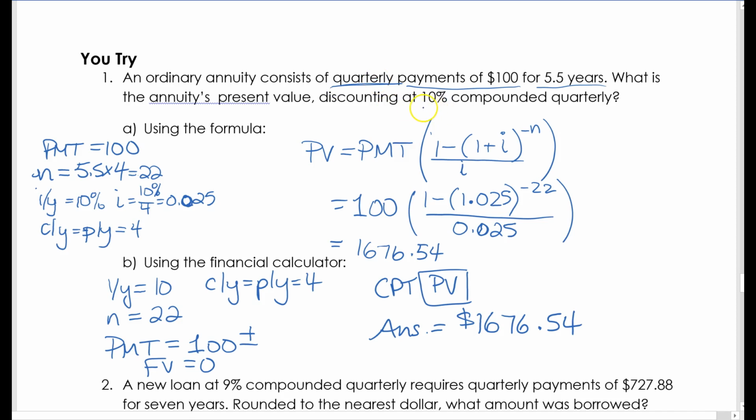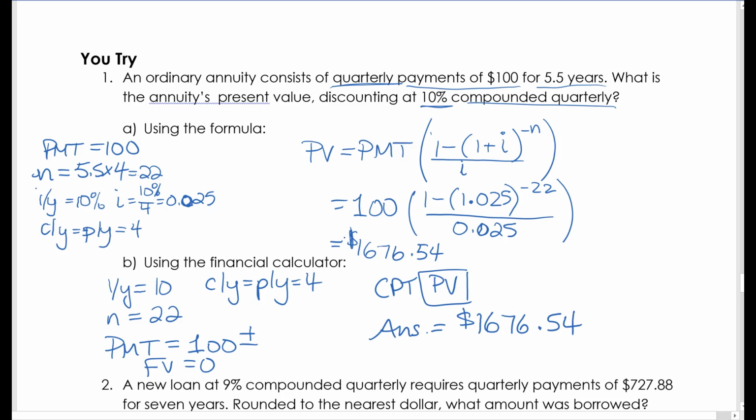Our interest rate per year is 10%, compounded quarterly. So PY is 4, and IY is 10. Then we calculate I: 10% divided by 4, which is 0.025 or 2.5%. We take our present value formula, plug in the information, and we get 1,676.54 as our answer.